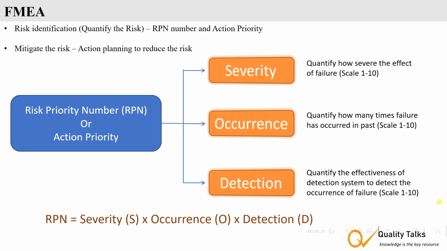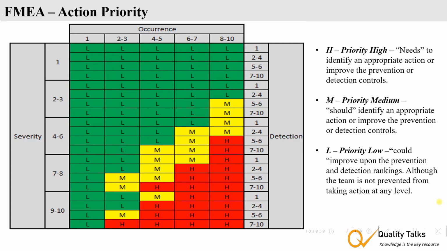In the case of RPN calculation, a threshold value of RPN is determined for identifying the action priorities. As per the new AIAG VDA FMEA manual, RPN is replaced by the action priority. As per the new manual, prioritization is now based on a table that is provided in the manual.